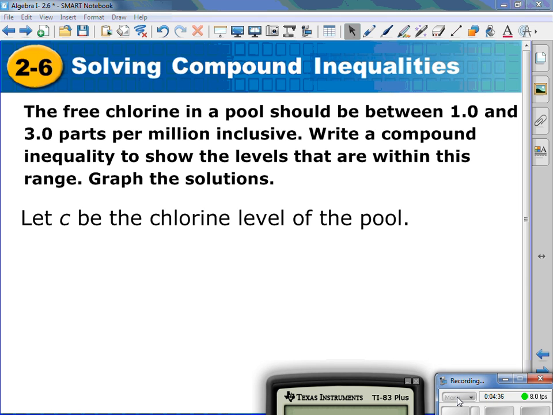How could we write this as a compound inequality? What's the lowest? Is this an "and" or an "or"? And, because it has to stay between. So the lowest is 1, and the highest is 3. Could it be 1?